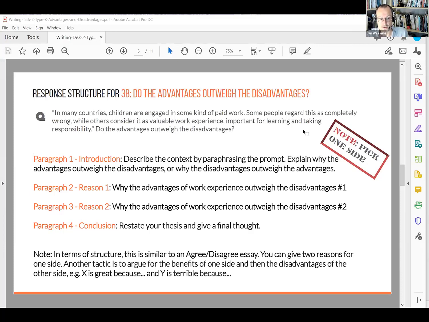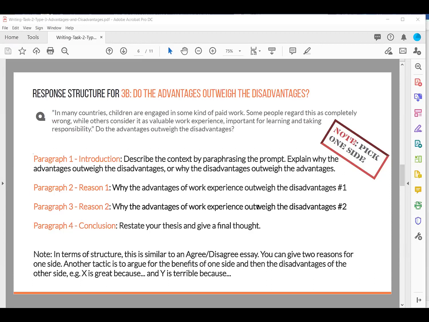One would be to talk about the advantages of paid work for kids, one advantage, and then the second advantage. Another way to approach this could be to talk about the advantage of part-time work for kids as your first reason. And the second reason could be the disadvantage of not working.